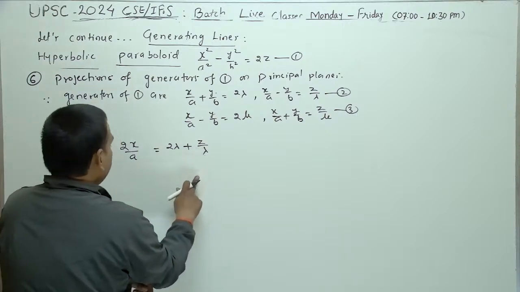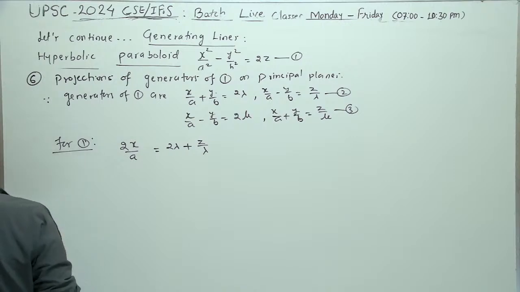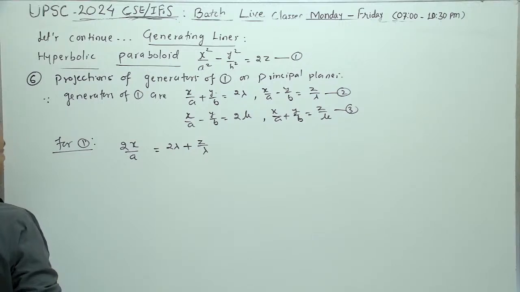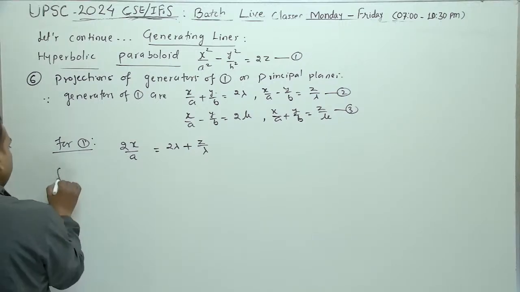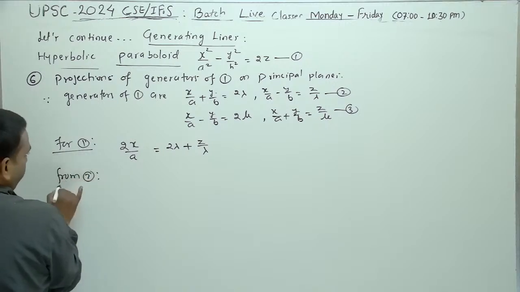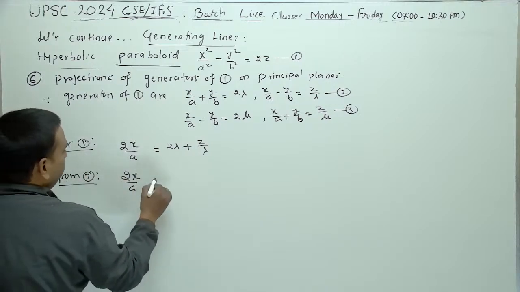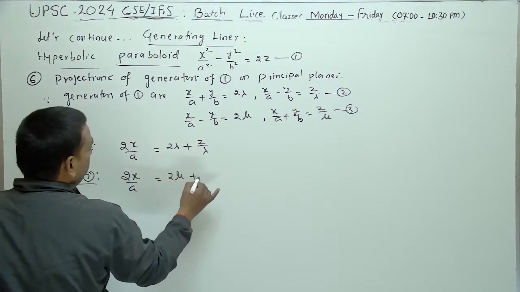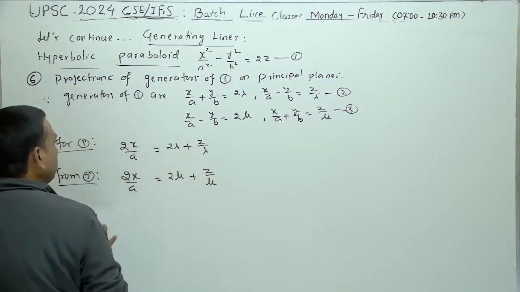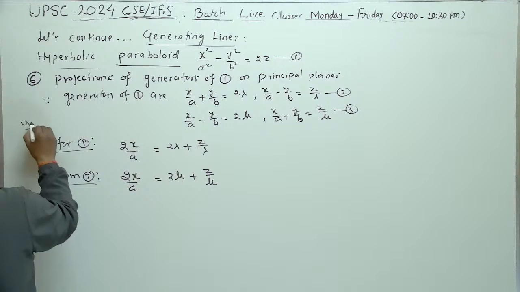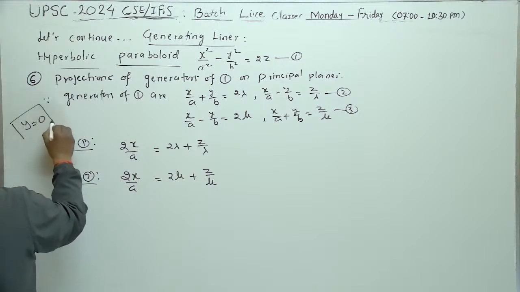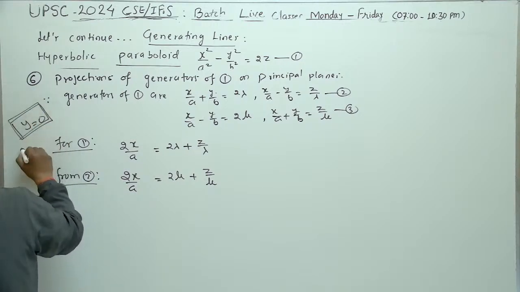So if I conclude that as well, here you can take y equals 0. For the other part, from 2x upon a, we will have 2 mu plus z upon mu. So we can discuss for the principal plane y equals 0. Okay.